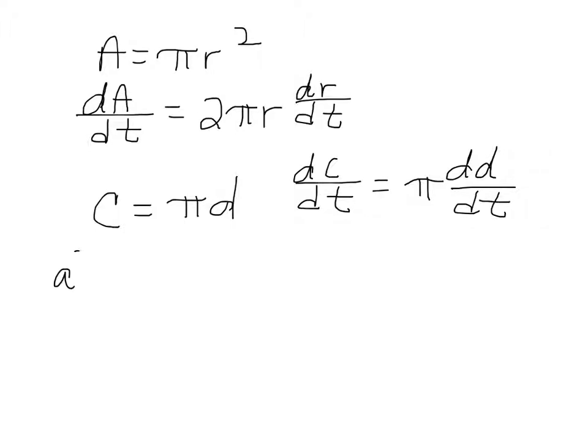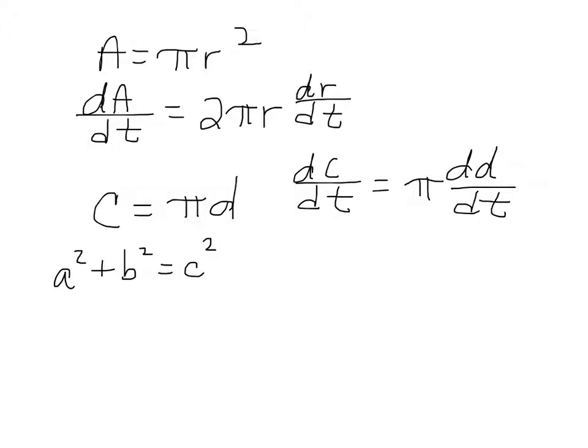Another one, and of course we'll use all of these with more information. Right now we're just practicing how to take the derivative with respect to time. A squared plus b squared equals c squared we recognize as being part of the Pythagorean theorem, assuming that c was the hypotenuse of a right triangle.